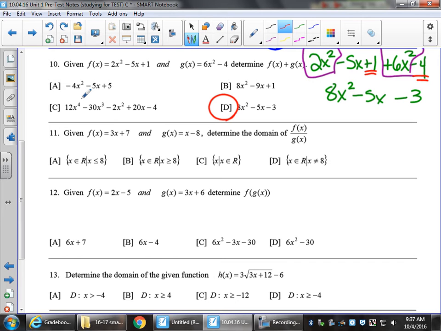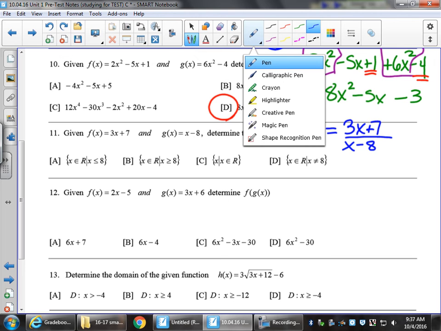There's no work for the setup. So let's first work on the setup. What's the setup? What is this going to equal? What does this equal? Now, a lot of you were able to tell me this on the quiz, but then we messed up on the domain. What part of this do I pay attention to? The denominator. So circle or highlight the denominator.